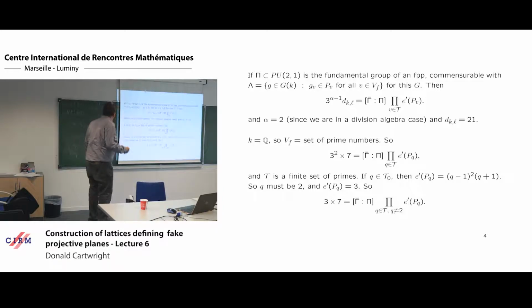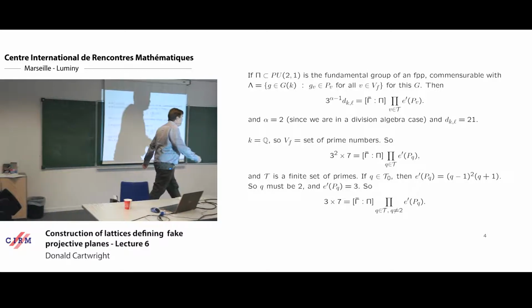Because the division algebra, where's that eraser gone? Ah, over there.